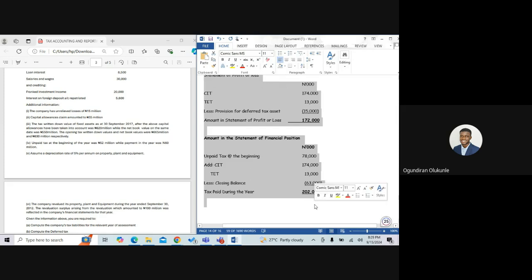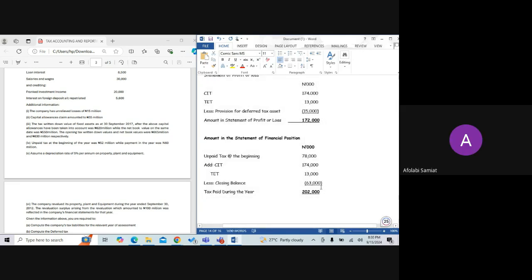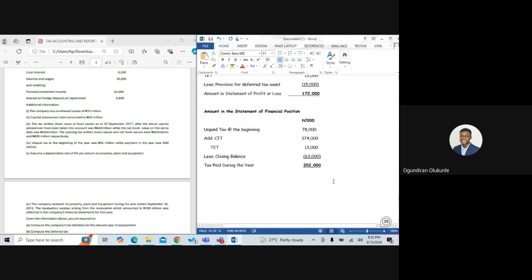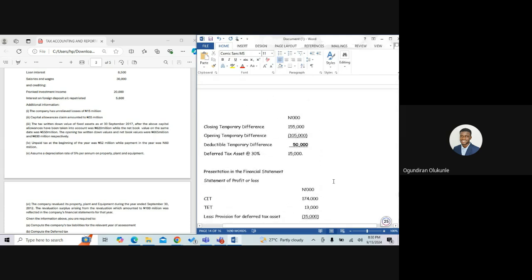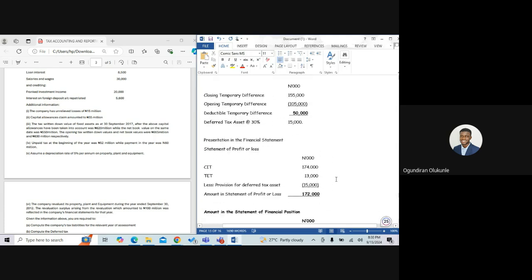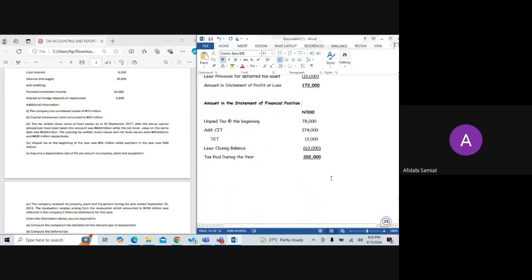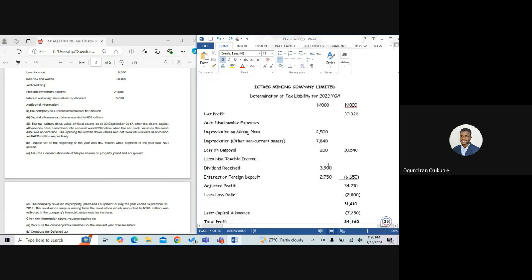So I was expecting that you will use this as a template to do the other one. I don't even have that one. Please, sir, you did not give us the update because I'm seeing this for the first time. No, I sent it to you. Are you sure? It's in your class group. Possibly you didn't check the group. Please help us resend it. I sent it after the class.